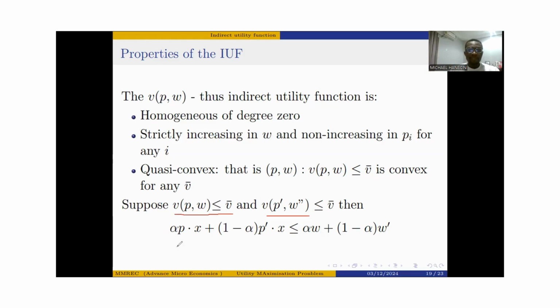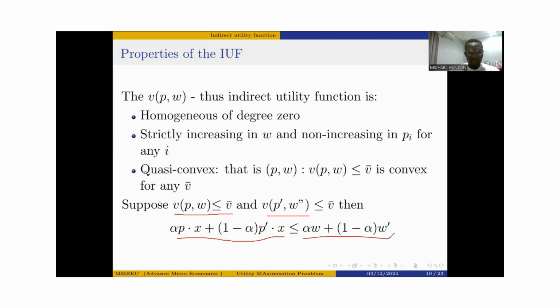Great. So it means that your total expenditure on commodity X and that on the new commodity at a new price would surely be less than the wealth, and the second wealth also.